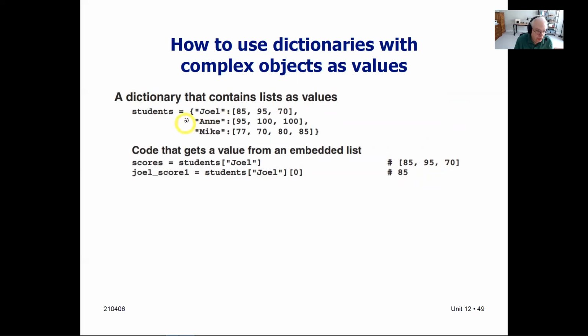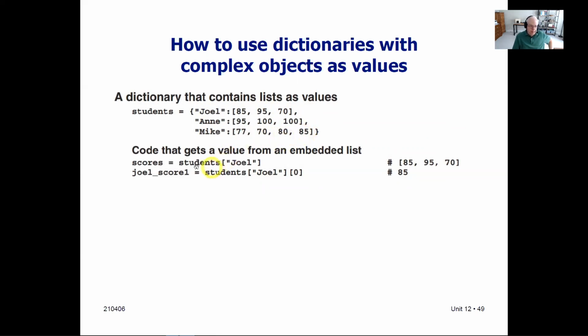So we know we're doing this because we have braces on the outside of our dictionary. And the keys in our dictionary, thank goodness they put them in columns, are Joel, Ann, and Mike. And there are our colons. Then you see the value in each of those keys is a list.